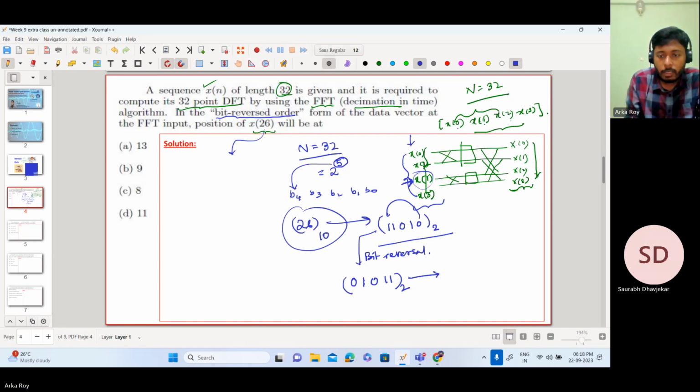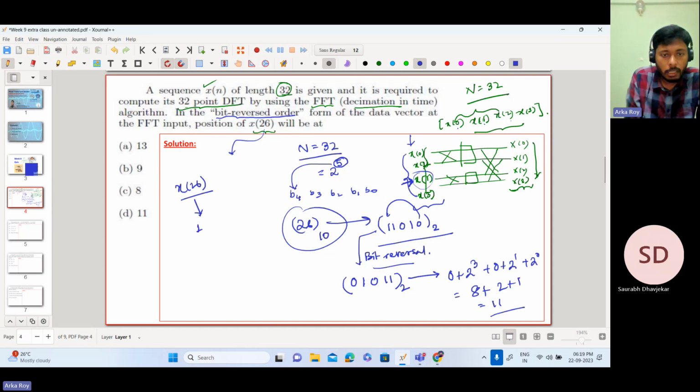Given this bit-reversed order, I will convert it into the corresponding decimal representation: 0 times 2 to the power 4, 1 times 2 to the power 3, 0, 1 times 2 to the power 1, and 1 times 2 to the power 0. So it is 8 plus 2 plus 1, which is 11. So x of 26 will get the position 11. So option D is the correct option for this question.